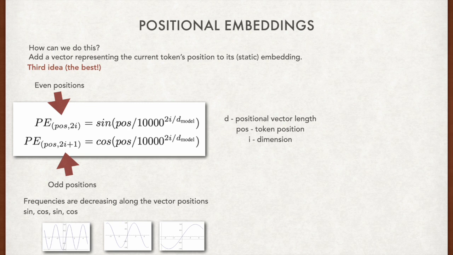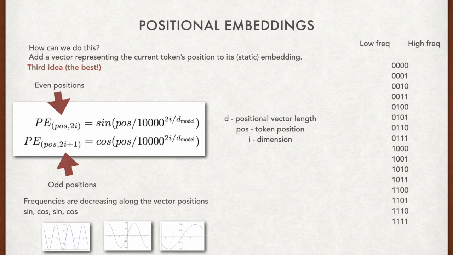Using multiple frequencies is related to encoding a given integer in the binary format. If we look at the binary representations of the first 16 numbers from 0 to 15, we can see that the frequency of changes between the bit values is the biggest in the least significant bit.